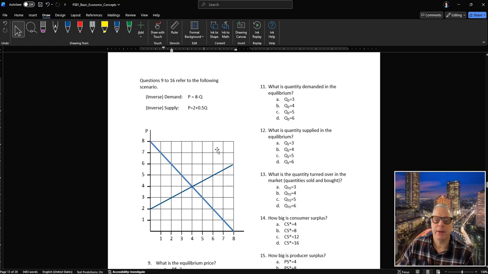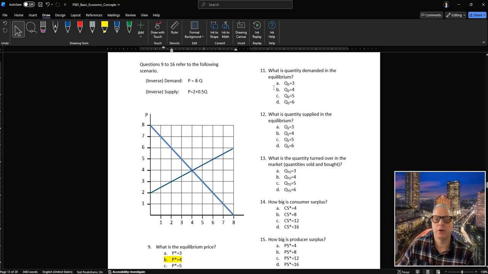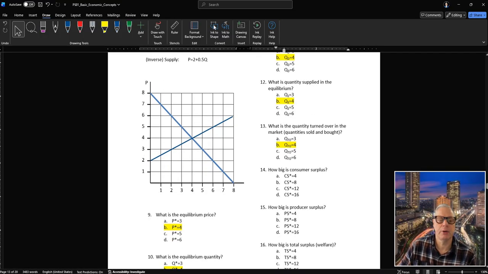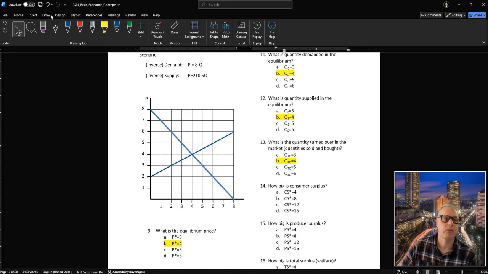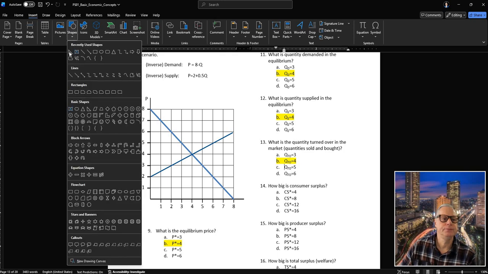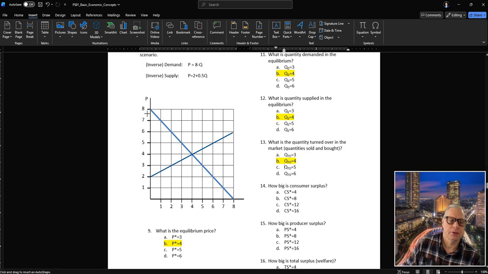Quantity demanded in equilibrium is 4. Quantity supplied in equilibrium is 4, and the quantity turned over is 4. So now consumer surplus. Now our consumer surplus is a little bit bigger.